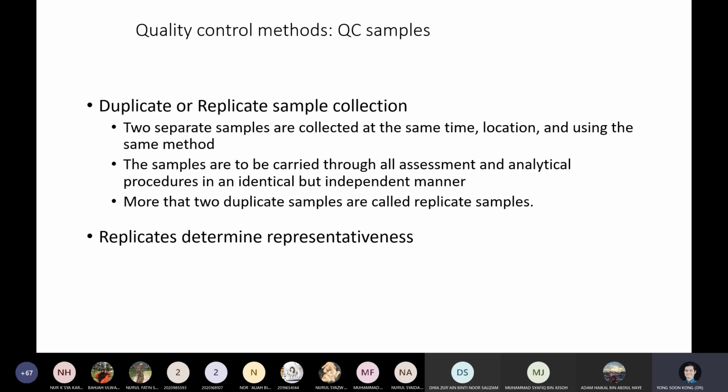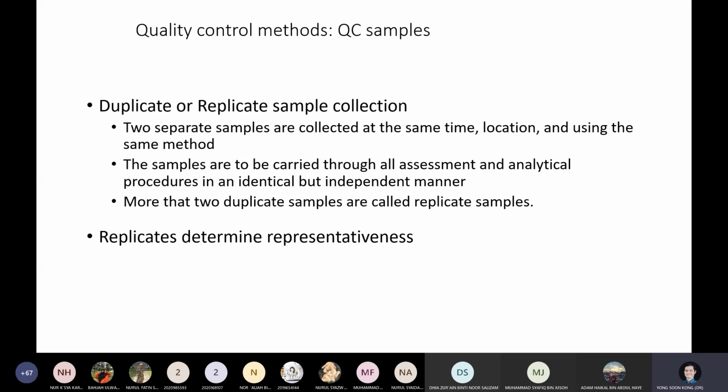Good. So in this kind of understanding, usually we will analyze the replicates just to see how stable and how similar they are. We're going to see the precision of the data, because if they're coming from the same spot, they should have the same data. Of course, they might not be exactly the same.